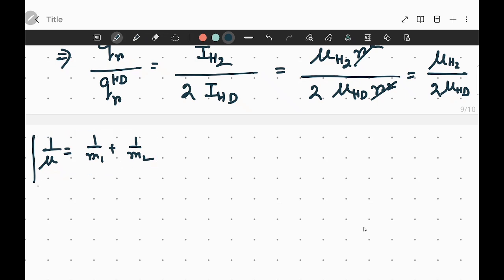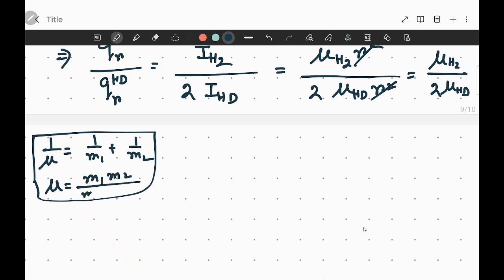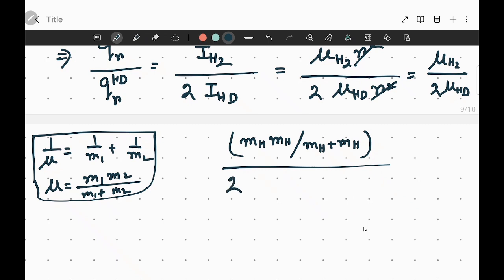So for H2 it will be MH divided by MH plus MH, which is MH by 2, divided by 2 into MH MD divided by MH plus MD.